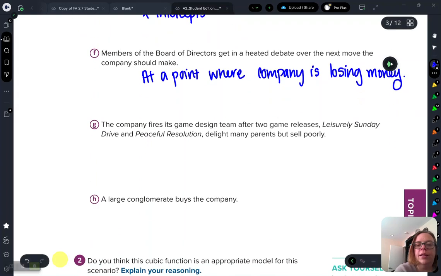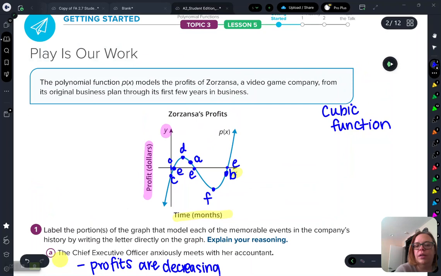Okay, the company fires its game design team after 2 game releases. Oh, yes. All right, so things were not going well. I mean, you want to see that they were not selling very good at all. Let's say that's about, I don't know, things were not going well around here.